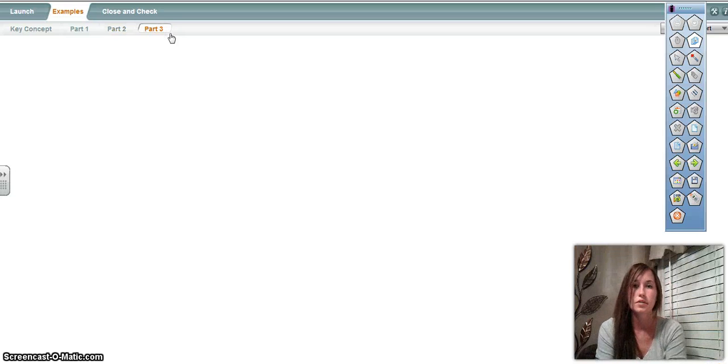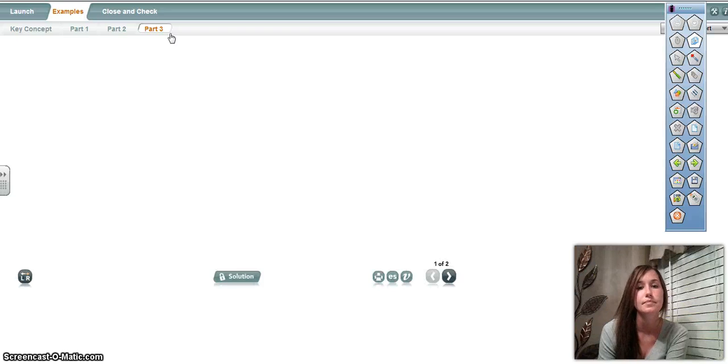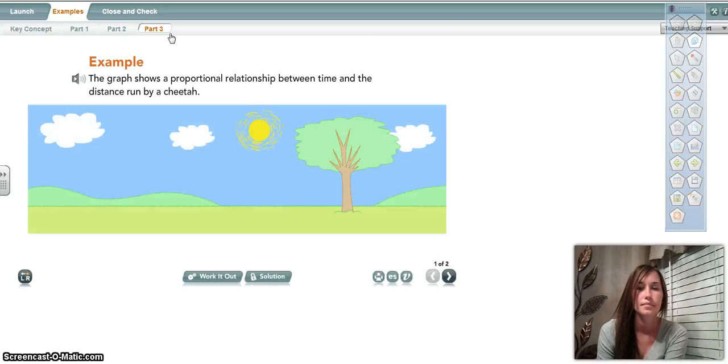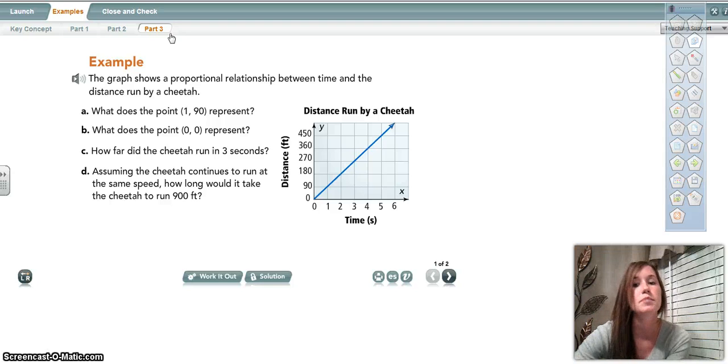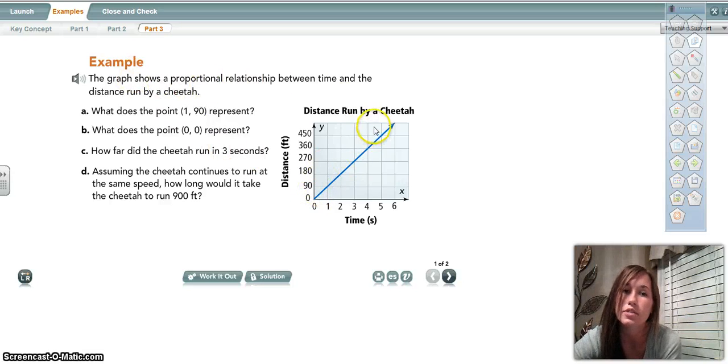Last part. Sometimes we can just use our graphs to answer questions. This graph does show a proportional relationship, and we can see that it goes through the origin and is a straight line.